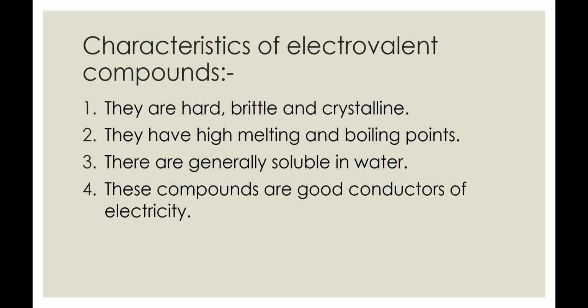Usually they are soluble in water but insoluble in organic solvents. These compounds are good conductors of electricity because electricity can pass through these compounds either in aqueous solution or in fused state.